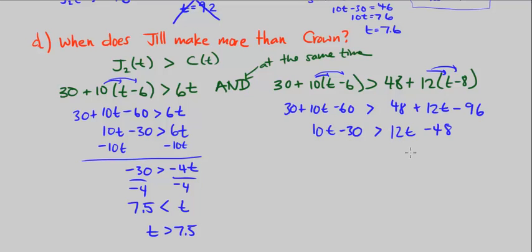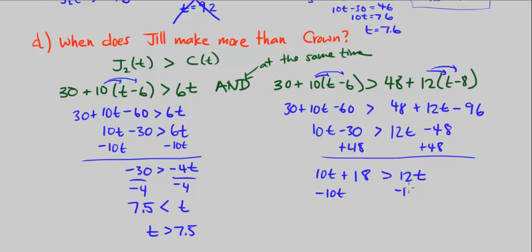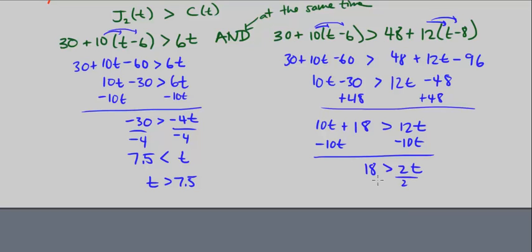Now we just want to solve for T. Let's add 48 to both sides; you could do this in any way you'd like. So you get 10T plus 18 is greater than 12T. Subtract 10T from both sides, or add negative 10T, and you get 18 is greater than 2T. Divide both sides by 2, and you get 9 is greater than T, or T is less than 9.